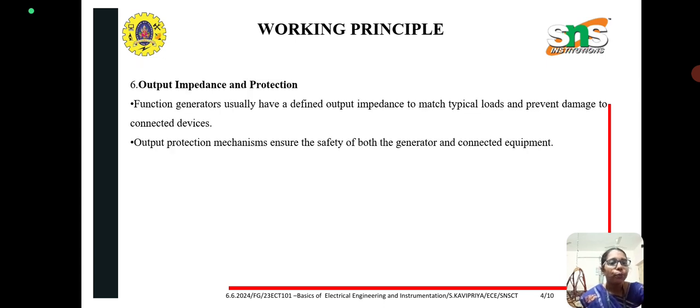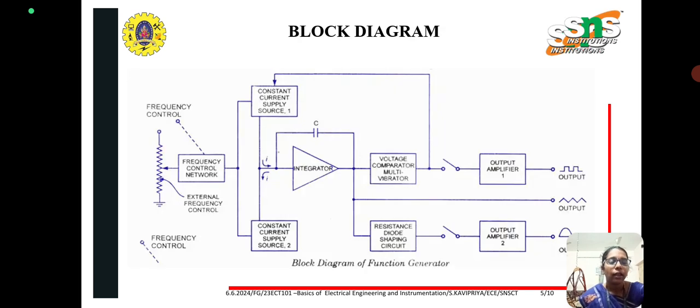And next is output impedance and protection. The function generator usually has a defined output impedance to match typical loads and prevent damage to the devices being connected to the function generator. Output protection mechanisms ensure the safety of both the function generator and the equipment being connected to the function generator.